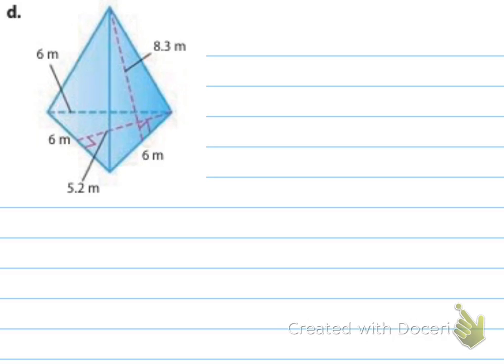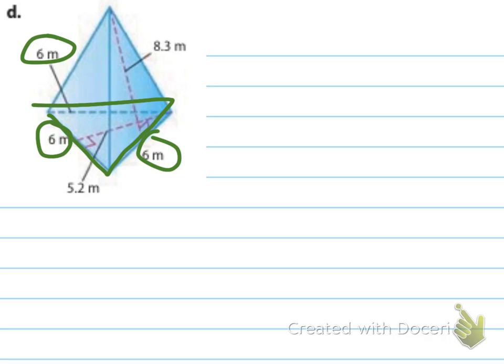All right, now with D, again, yay for us, they gave us all the same dimensions on this triangular base. But let me just point out, okay, this is the base. I'm just redrawing it. This side is 6, this side is 6, this side is 6. But it's telling you that this height here in the middle that comes at a right angle is 5.2.